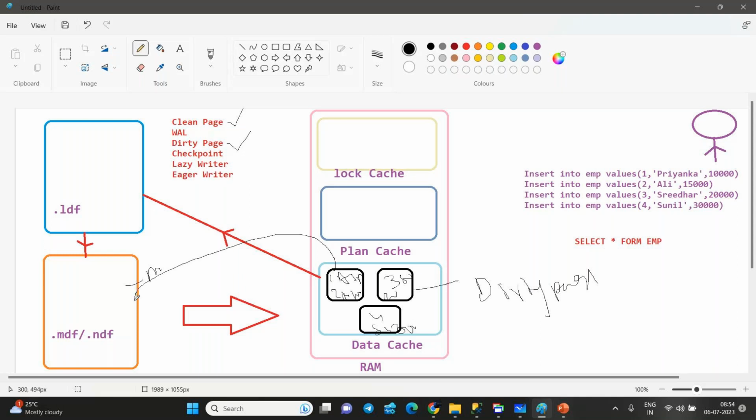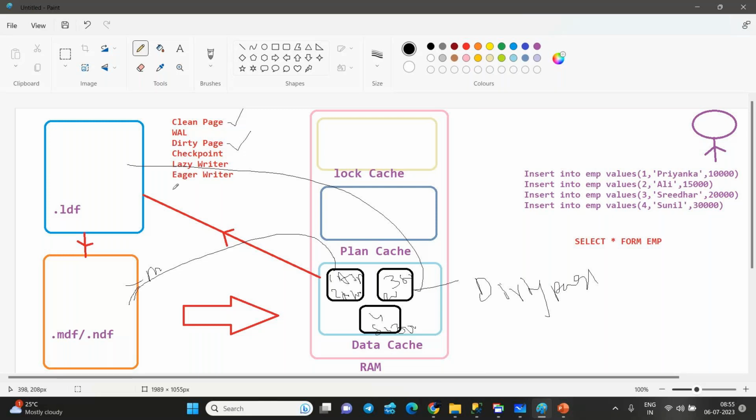All your data will move into the MDF file, along with the log records which have not yet been moved to the LDF file. So it will do two operations in parallel. What are the two operations?